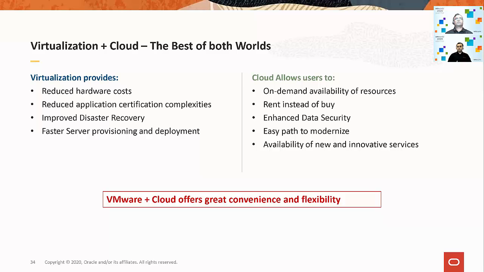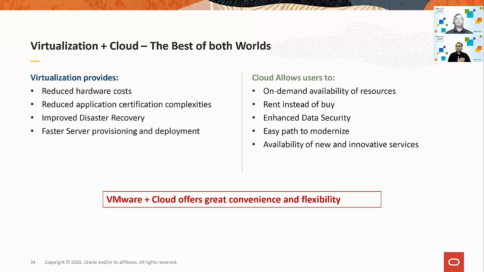When you talk about virtualization, basically reducing hardware costs, reducing application certification complexities, DR and faster server provisioning. Sudhir spoke about the benefits of vSphere 6.5, 6.7 and 7.0 and all the enhancements that are coming forward. Combine that with the on-demand availability of resources on the cloud.